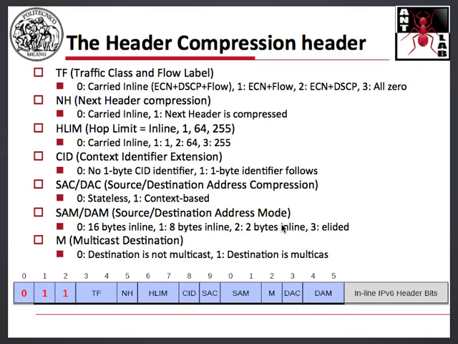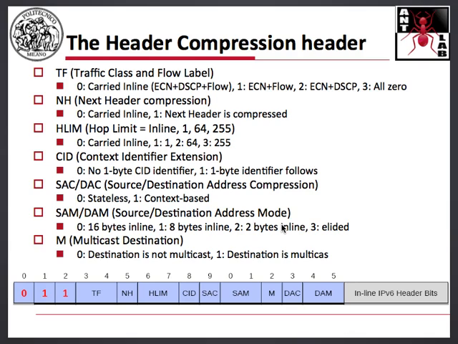Then you have the hop limit field, which is a 2-bit field, telling you what is the hop limit of the IPv6 packet. It's a 2-bit field, so four combinations. If this is 0, it means that you have an inline hop limit count field in the IPv6 packet here. If it's 1, it means that the hop limit is 1 here.